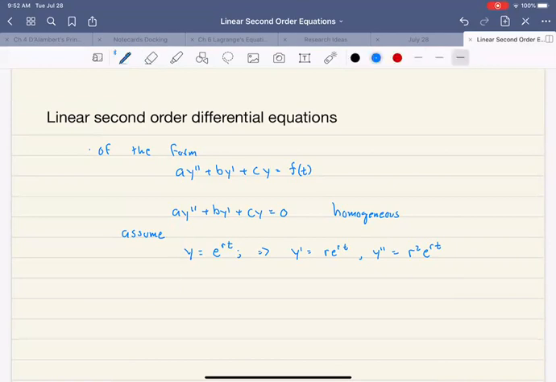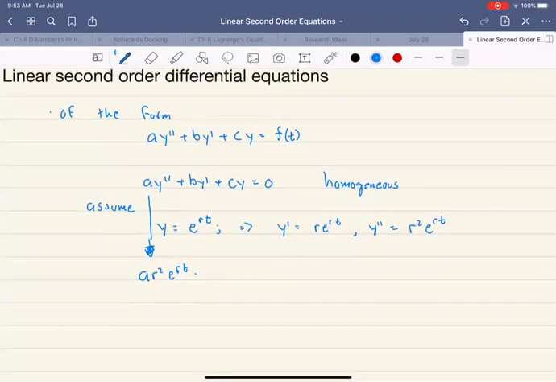Our differential equation actually ends up becoming an algebraic equation. a r squared, there's an e to the rt, but we're going to cancel that out, plus b r e to the rt plus c e to the rt equals 0. So we get a r squared plus b r plus c equals 0.